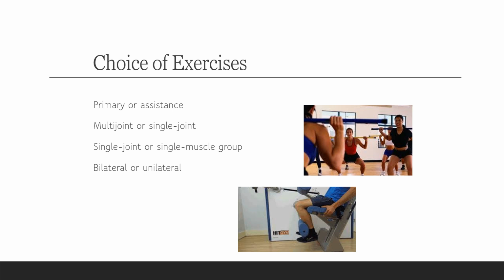Exercises that attempt to isolate a particular muscle group's movement of a single joint are known as single joint and/or single muscle group exercises. Bicep curls, knee extensions, and knee curls are examples of isolated single joint, single muscle group exercises. Many assistance exercises may be classified as single muscle group or single joint exercises.